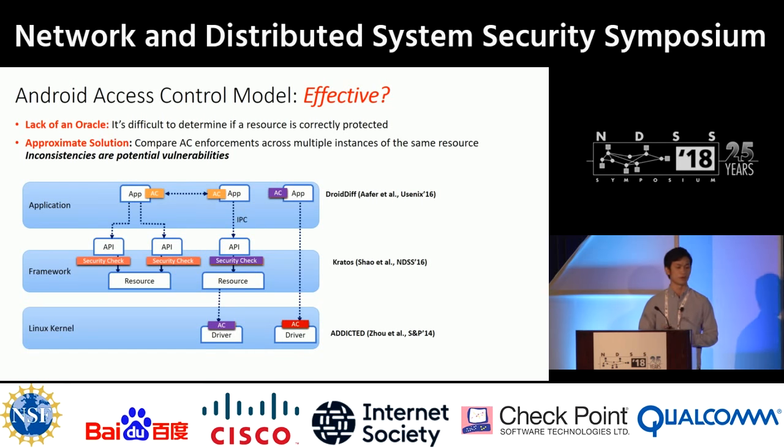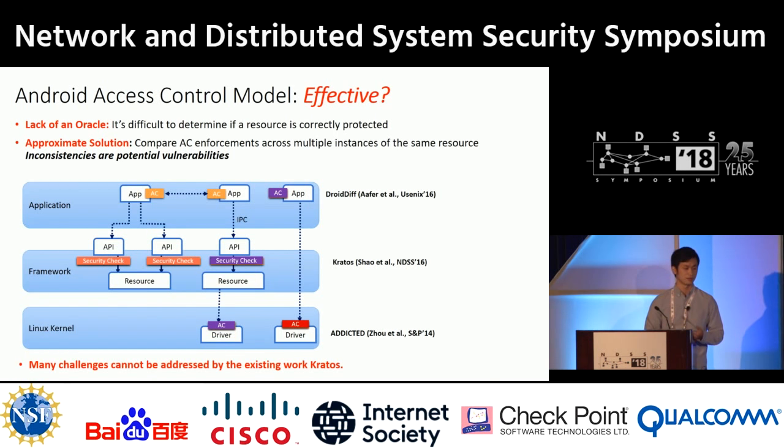And on the framework layer, Kratos, which is most related to our work, compares the set of security checks on multiple APIs leading to the same resource and reports inconsistencies. As I will show later, many challenges cannot be addressed by the existing work Kratos.